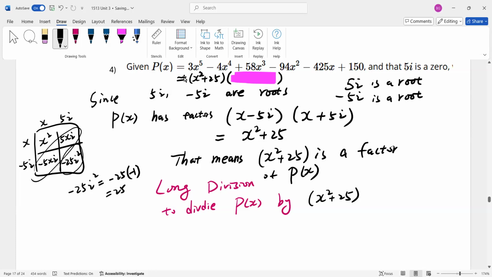Look at P of x: 5, 4, 3, 2, 1, 0. That's fine, P of x is in standard form. However, the divisor is not yet. Let me write it down.